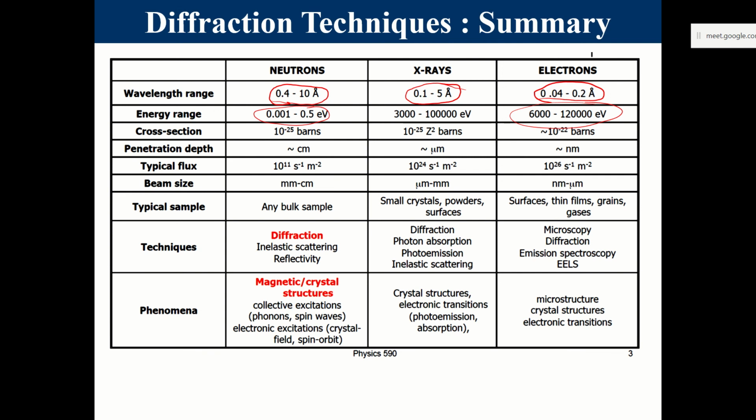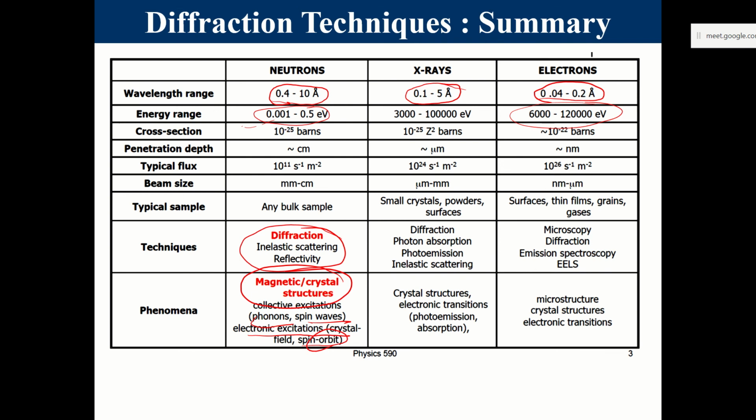So neutrons of low energy you can use and get a very good diffraction pattern. And then you are also getting the magnetic structure, crystal structure, phonons, spin waves; it is good to study the magnetic excitations, spin orbit coupling, all these things.